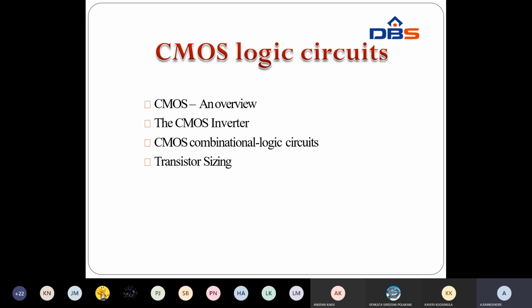The popularity reasons for going for CMOS are its small size, ease of fabrication, low power operation, relatively simple manufacturing process, and high input impedance. It can be used as a charge storage device and so on.